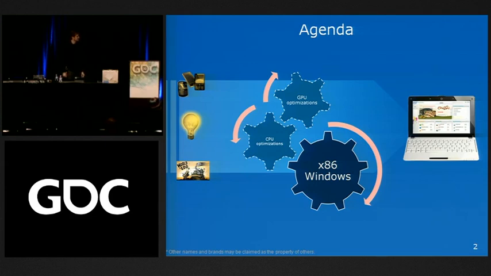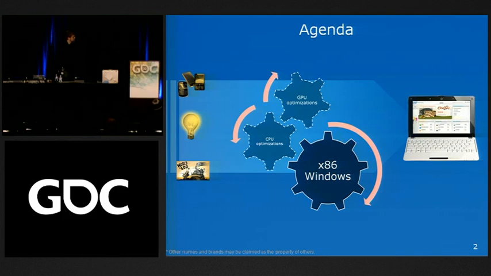Okay, so the agenda for this session, what we're going to try to cover is pretty much in this slide. We think that you probably fall into one of these three categories on the right: you either have a game that you've created for another platform, maybe a phone of some sort, you have an idea for a game, or you have a game that's already developed that runs on Windows.